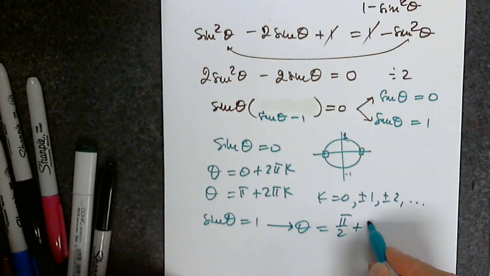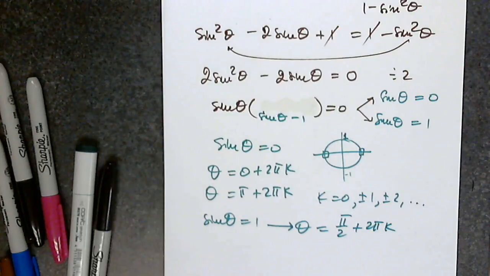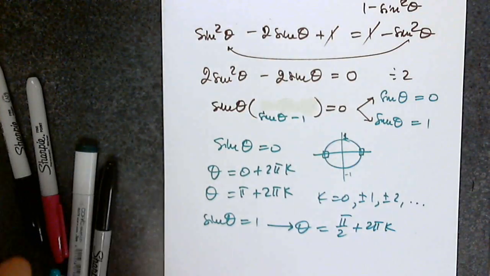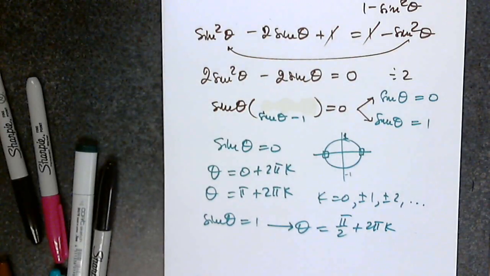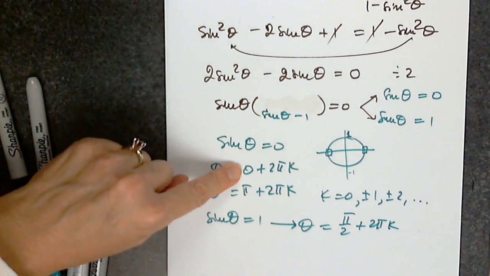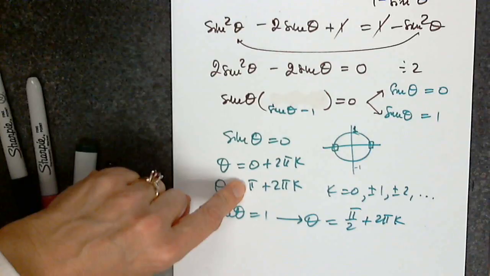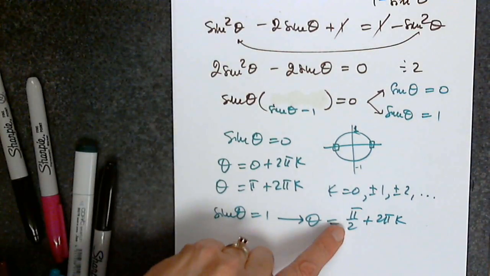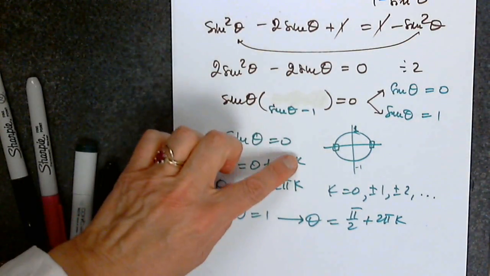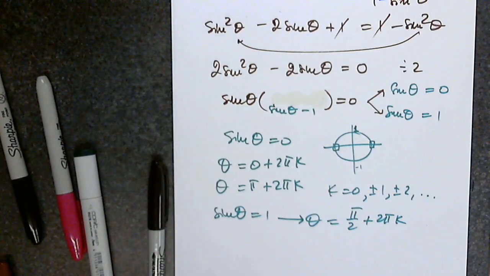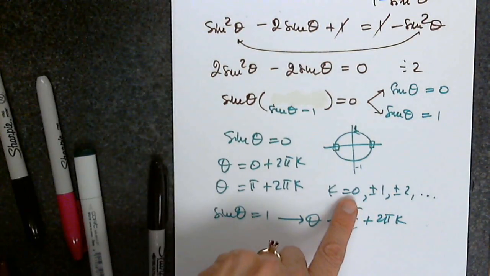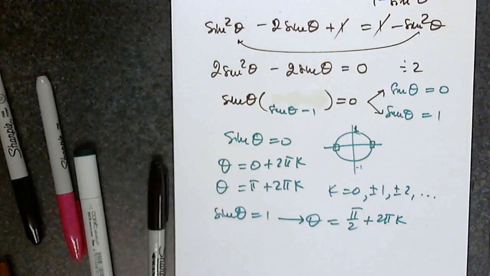So theta is pi over 2 plus 2 pi k. Now I have to go back and check. I have to check 0, pi, and pi over 2 in the original problem. I don't need to check more than when k is 0; if it works when k is 0, it will work for all the other ones.